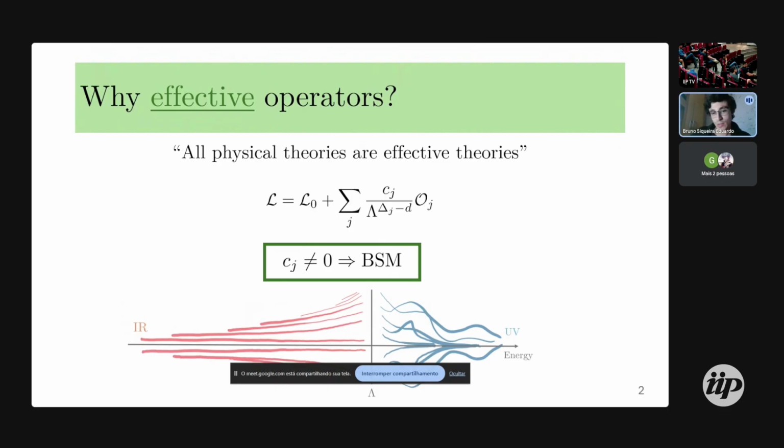This is a bottom-up approach because instead of starting from a UV complete theory, we start from the main part of the Lagrangian and build the operators out of it, and then you can do the matching with the UV completion. So this is another way to try to search for beyond standard model physics.